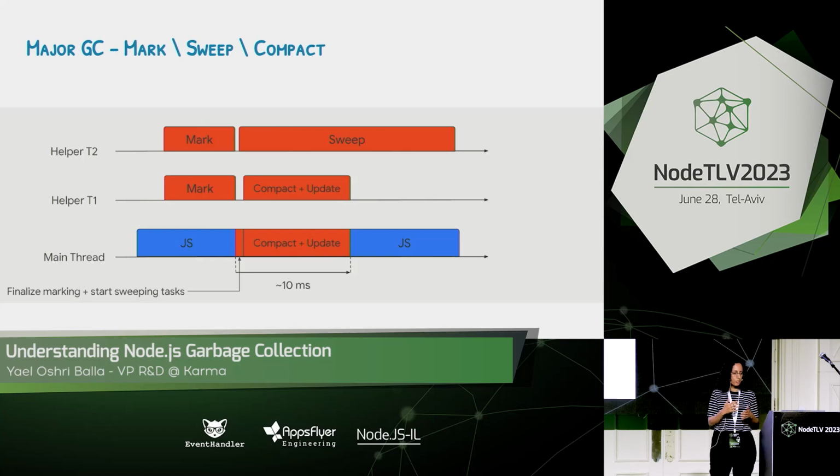When the marking finishes, the sweeping starts, and in parallel we're also doing the compaction of the different pages. And when all the compaction is done, we can go back to the JavaScript execution, and sweeping can still be done while the application is running.